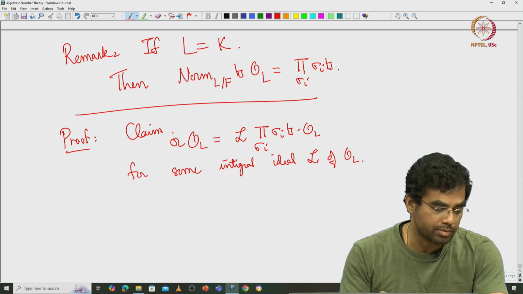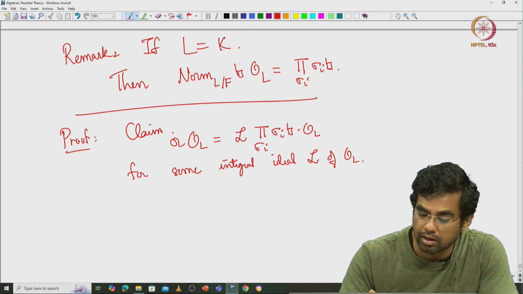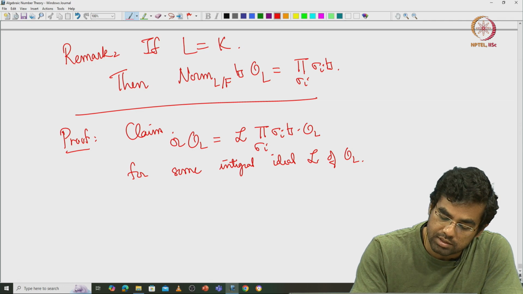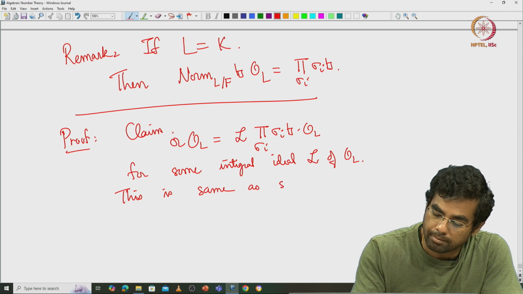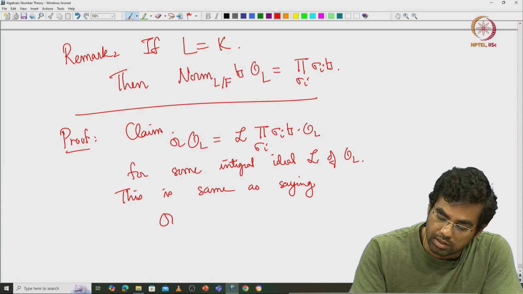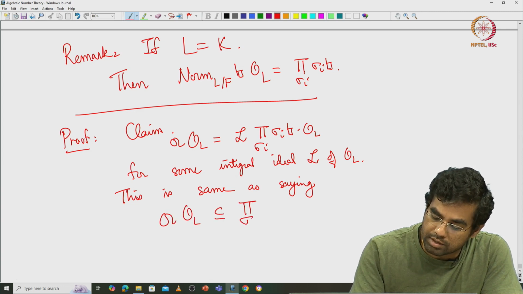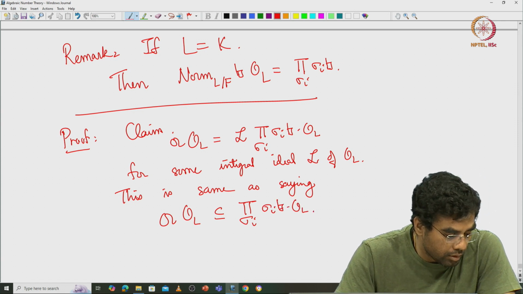So, L is my integral ideal. What does this mean? This is the same as saying that A OL is contained in the product of sigma I B times OL.